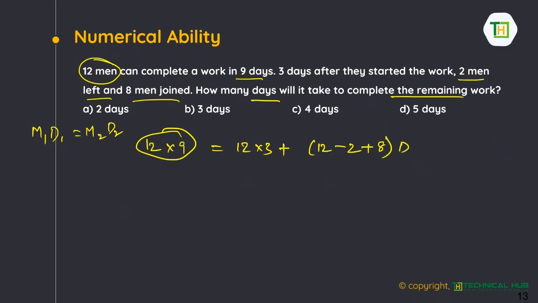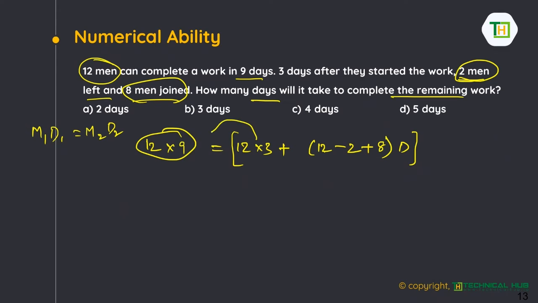Now, this total work is split into two parts. Initially, 12 men for 3 days. After that, 12 minus 2, because 2 men left after 3 days, and then 8 men joined, plus 8, and we don't know the number of days they are working.